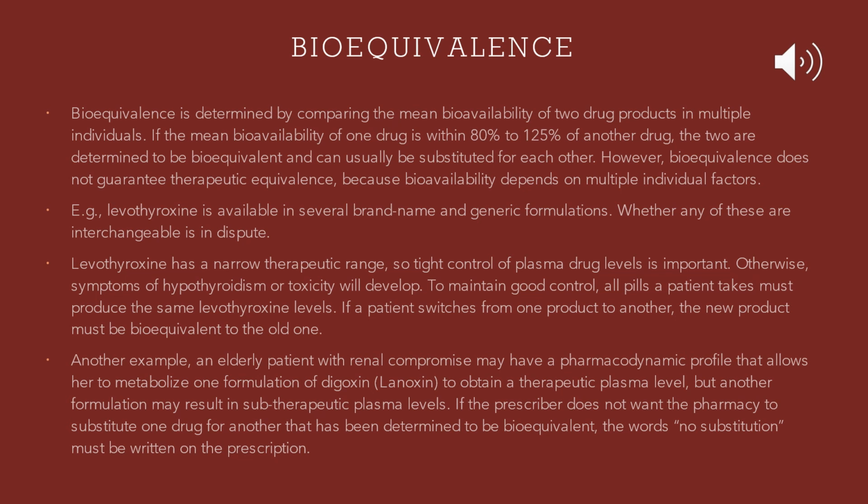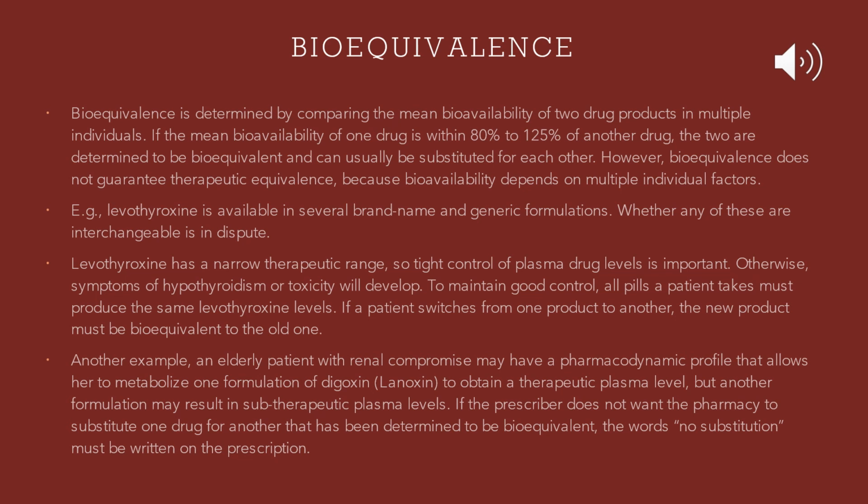Another example is an elderly patient with renal compromise, who may have a pharmacodynamic profile that allows her to metabolize one formulation of digoxin to obtain a therapeutic plasma level, but another formulation may result in a subtherapeutic plasma level.